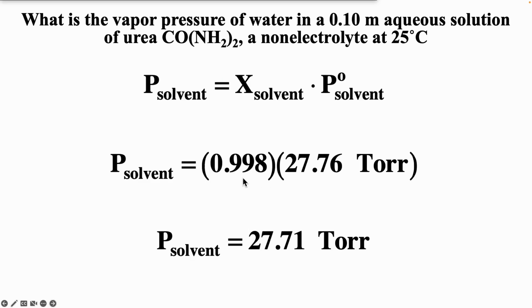And so that gave us a mole fraction of 0.998. Multiply that by the vapor pressure of pure solvent, and we get the vapor pressure of the solvent in solution as 23.71. Again, the vapor pressure of the solvent in solution will always be lower than the vapor pressure of the pure solvent.